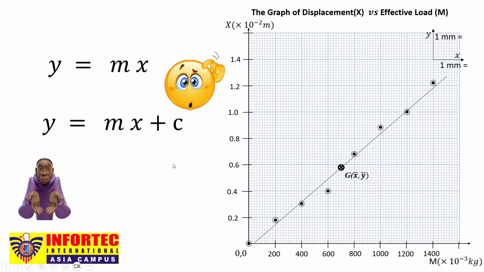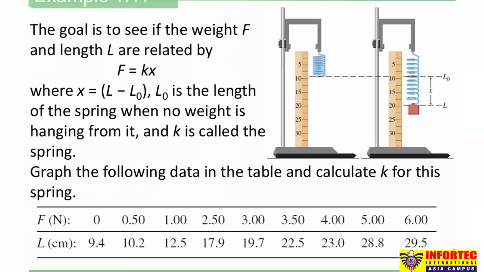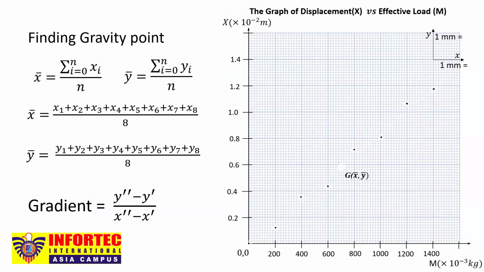Then I think you have the idea how to draw the best fit line, the best linear graph, by finding the gravity point. Then we draw the line going through the gravity point. This is the best fit, right? Then we can find the gradient. How do we find the gradient? I told you before: the change in data in the y-axis divided by the change in data in the x-axis, right?